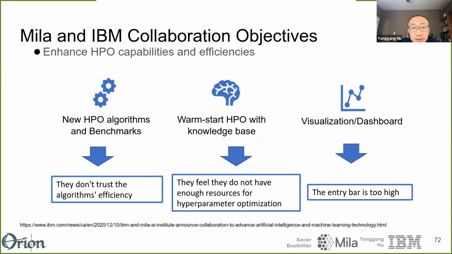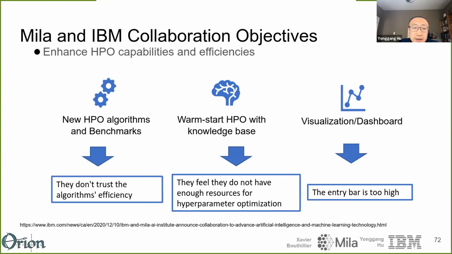Those are the specific areas that IBM and Mila have been working on together. First of all, we are working on new HPO algorithms. In addition, we're also working on a benchmark to evaluate the HPO algorithms' performance and accuracy. This is mainly to address the trust issue of algorithm efficiency. Secondly, we are also working on warm start and the knowledge base.